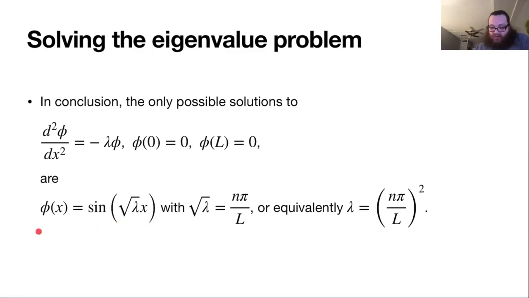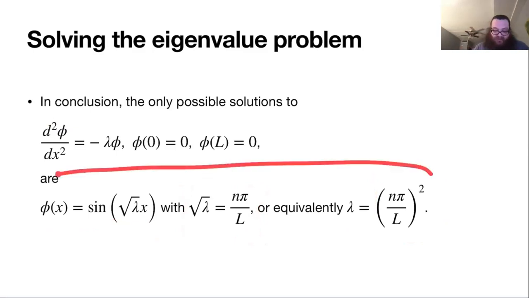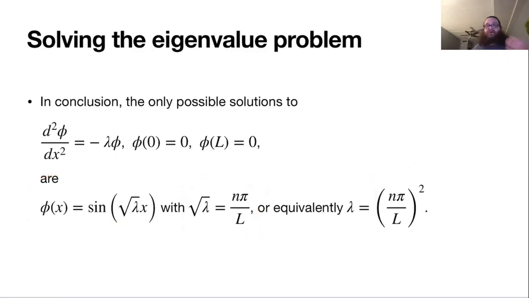So the solutions are phi of x is equal to sine of root lambda x, where root lambda satisfies this, or equivalently, lambda is equal to that. And so that's the eigenvalue problem solved. These are the eigenvalues and eigenfunctions for this problem.